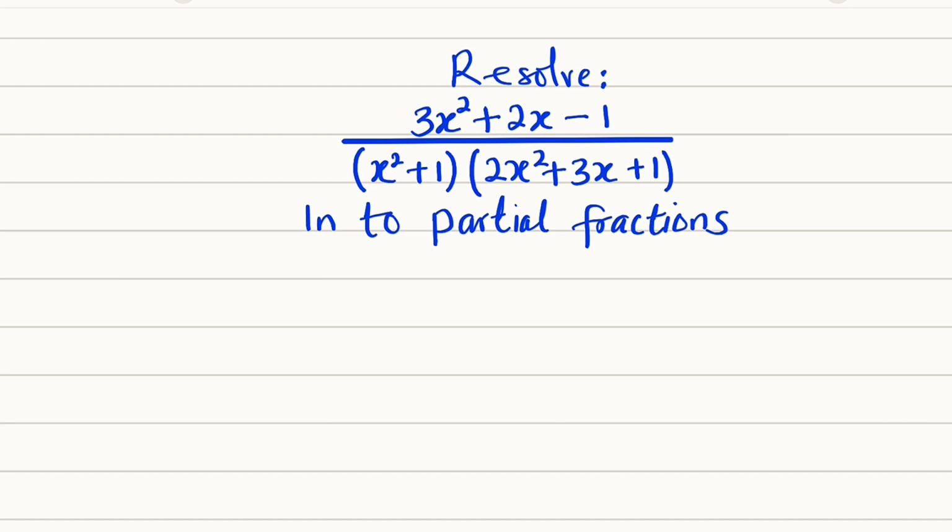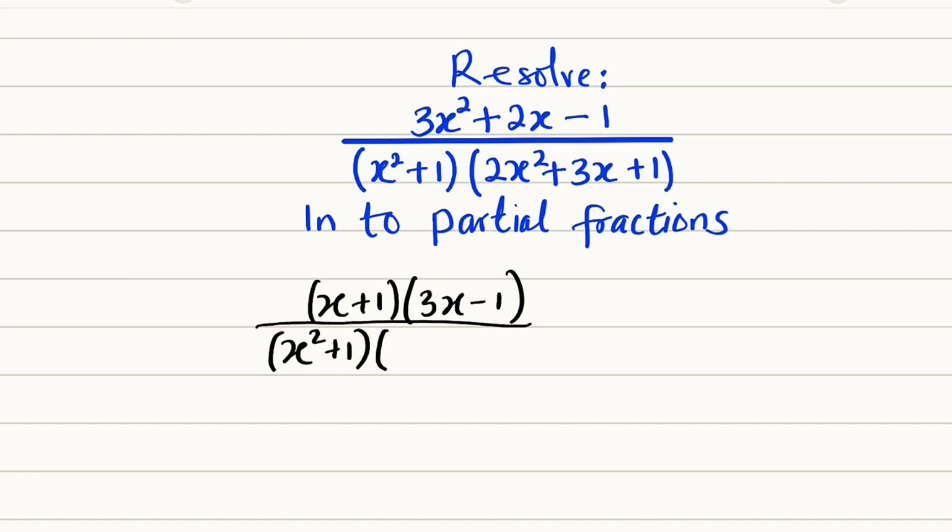So our compound fraction becomes x plus 1 multiplied by 3x minus 1 on the numerator, and under the denominator the first one is not factorizable, so we leave it that way, x squared plus 1, then multiplied by 2x squared plus 3x plus 1, which can be factorized as x plus 1 multiplied by 2x plus 1.